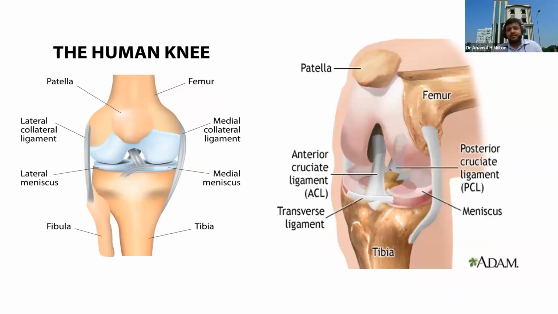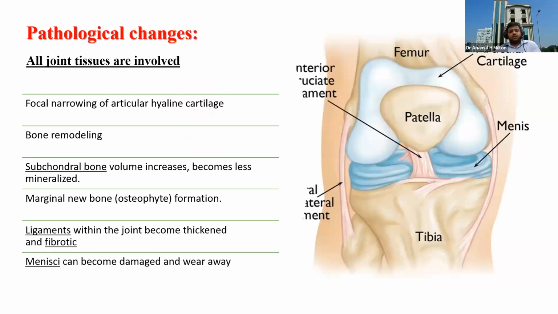Sometimes the cause is even genetic. So if there is no mechanical cause and no other factors, you also consider the genetic part. So the total pathological changes involving the joint are, number one, focal narrowing of the hyaline cartilage.